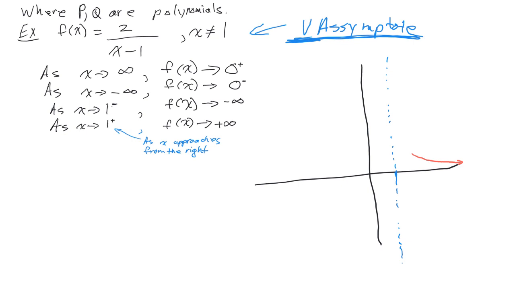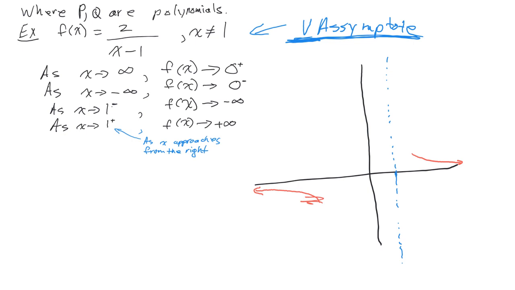Now, on this other side, where x is going towards negative infinity, our graph is doing the same thing, but instead of approaching from the top, it's approaching from the bottom of the graph, okay? So that's what we've got so far, right?